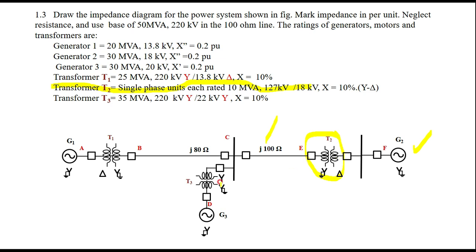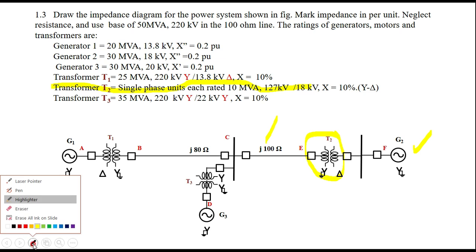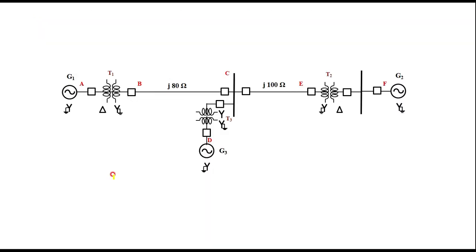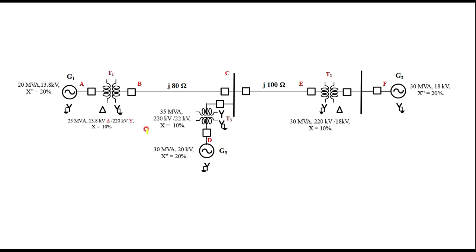I'll take that first. Then we have to specify the rating of each component on the system. Now I am taking the same network once again, and I'll specify all the ratings of the machines here. 20 MVA here.